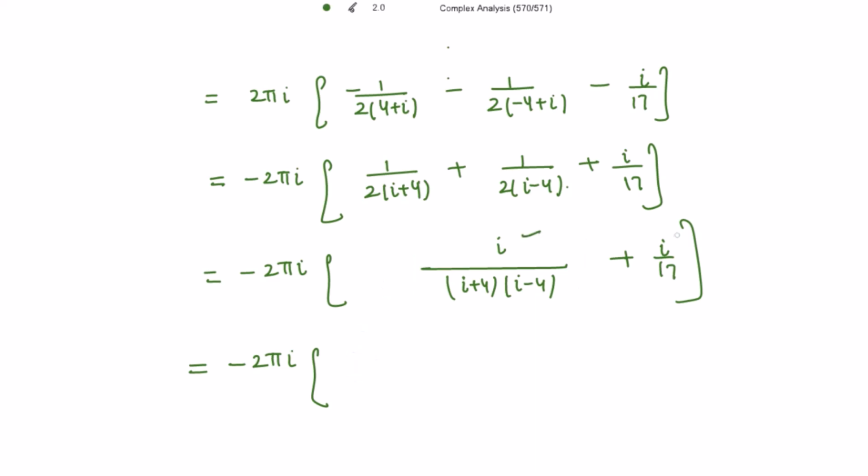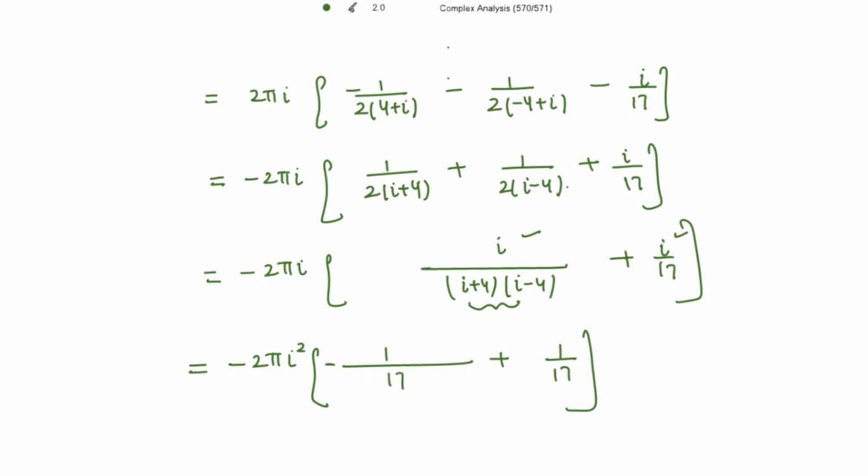Let's take this iota common from the numerator. It becomes iota square. And applying the (a plus b)(a minus b) format over here, the formula is a square minus b square. So here a is iota. So a square minus b square, that is minus 1 minus 16, that is minus 17.